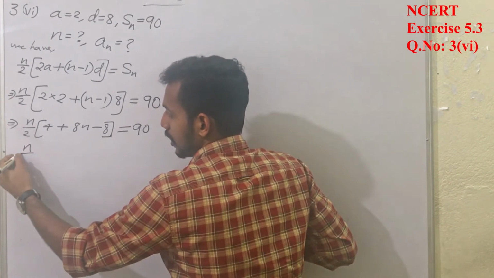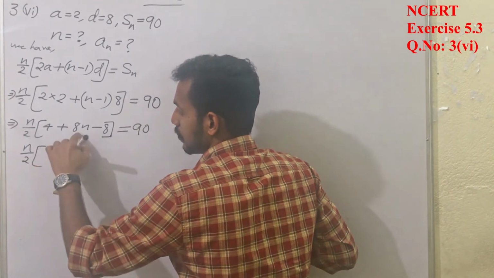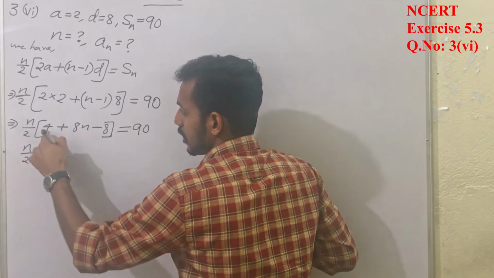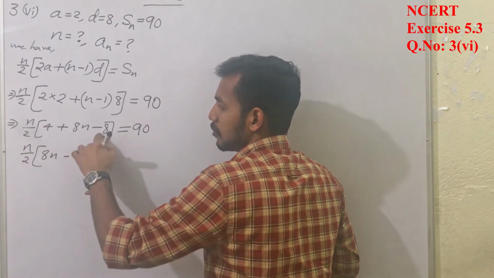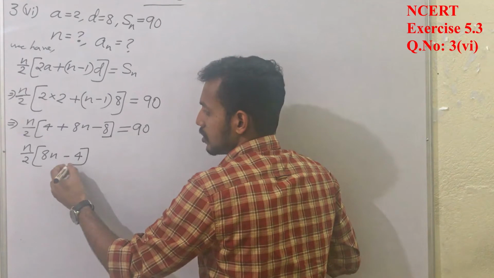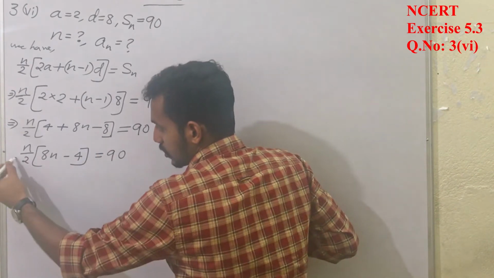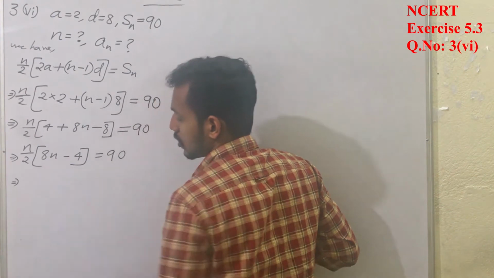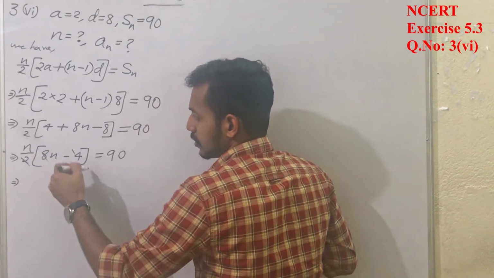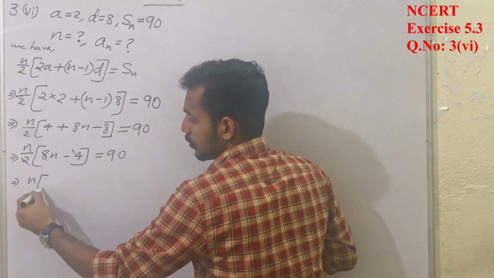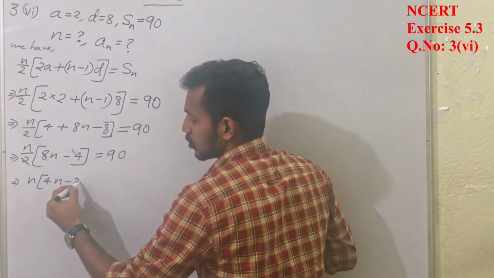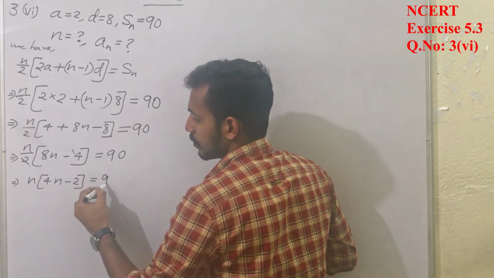Then n by 2 into, simplify this, 8n write first, and plus 4 and minus 8 will be minus 4, is equal to 90. Now we can cancel this 2 with here. So what we will get? n into 4n minus 2 is equal to 90.